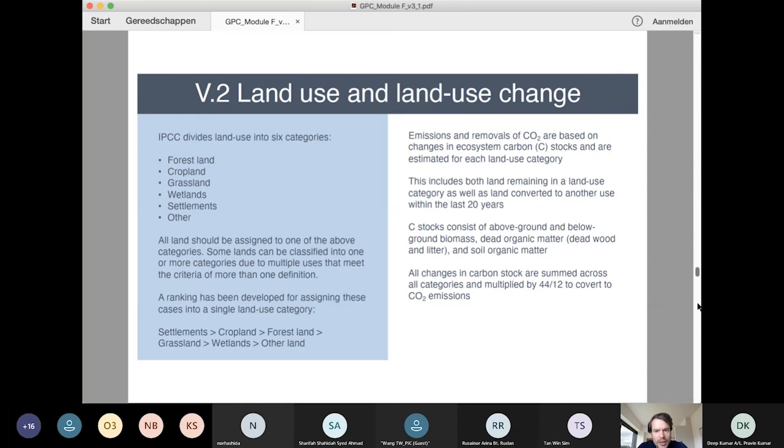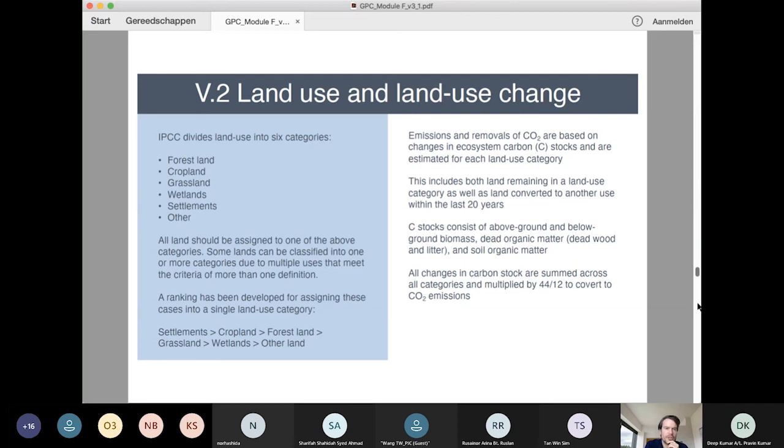This covers both land remaining in the same land use, so forest land staying as forest land, where there'll be a net change in the carbon stock, but also land use converting from one category to another. So if you're moving from forest land to settlement, there'll be a net change in emissions from that. So it's looking at both land that stays the same, but also land use that changes from one category to another, which will have a big impact on carbon stocks, either above ground or below the ground in terms of biomass and organic matter.